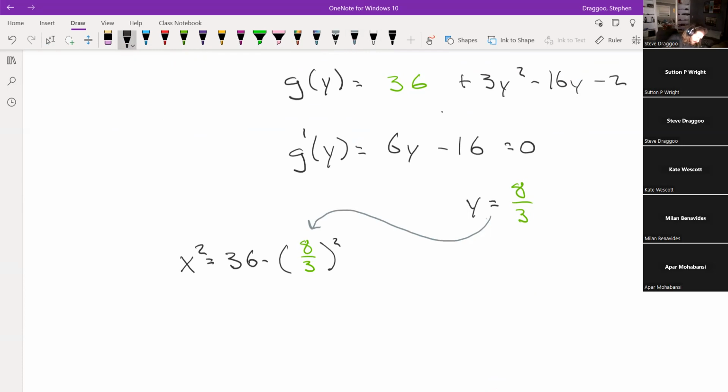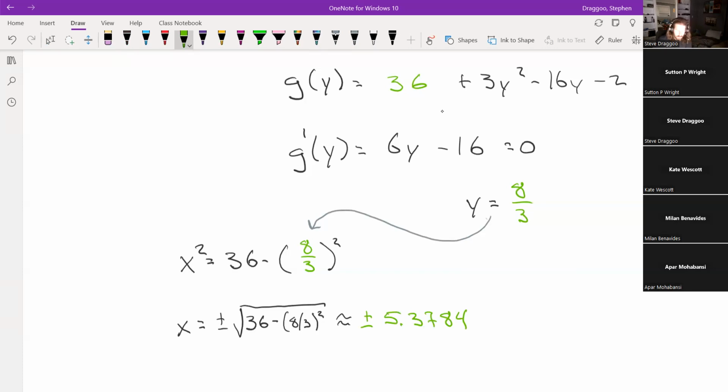And that means that x is equal to plus or minus the square root of 36 minus (8/3) squared, and that thing is approximately plus or minus 5.3784.